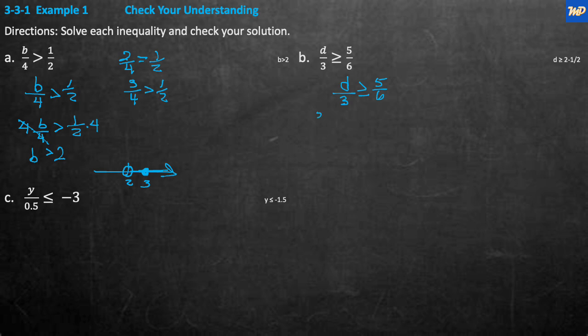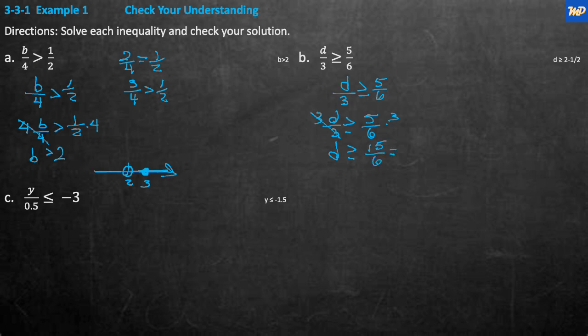So we're going to say 3 times d divided by 3 is greater than or equal to 5 divided by 6 times 3. And now we simplify this, we're going to get d, because the 3 is canceled, and that is greater than or equal to 5 times 3 is 15 divided by 6, which equals what?